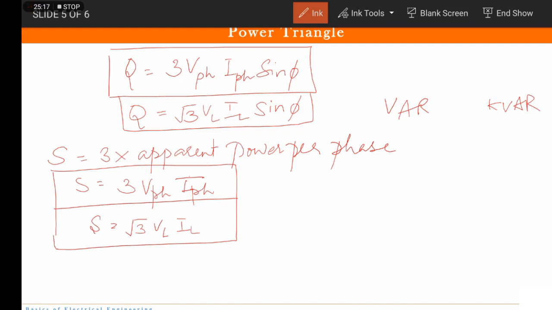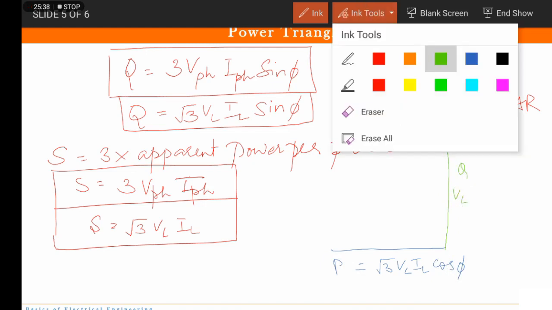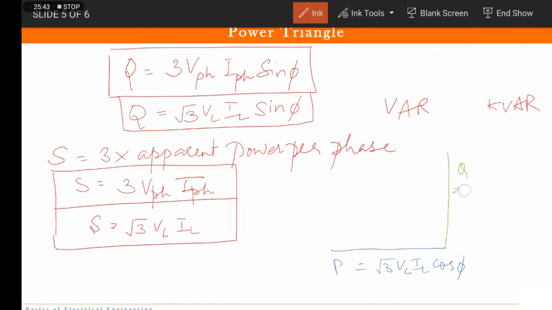Now if I wish to draw the phasor for this reactive power, active power and total power, then my P will be horizontal component, √3 VL IL cos phi. Correct? This is P. My Q will be the vertical component, so this is Q, √3 VL IL sin phi.